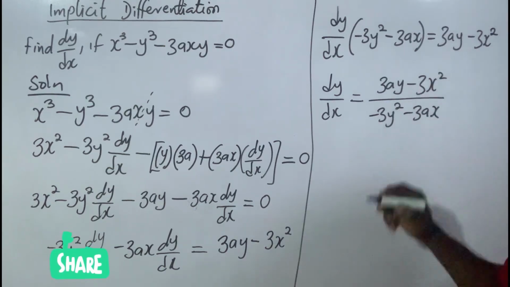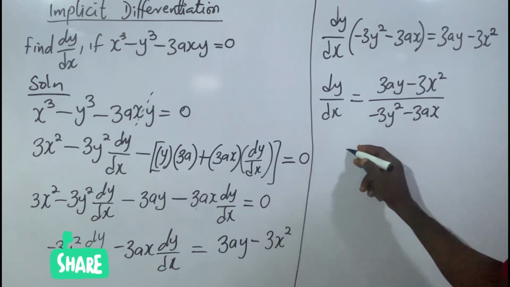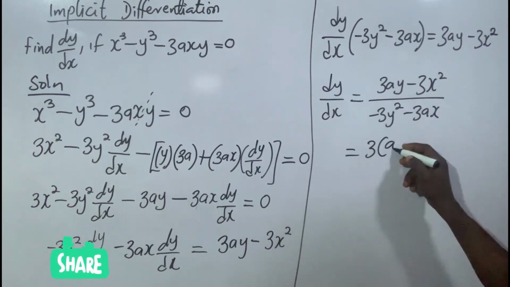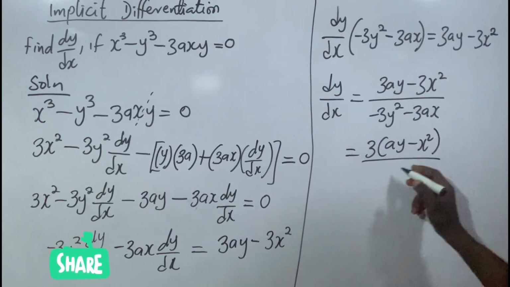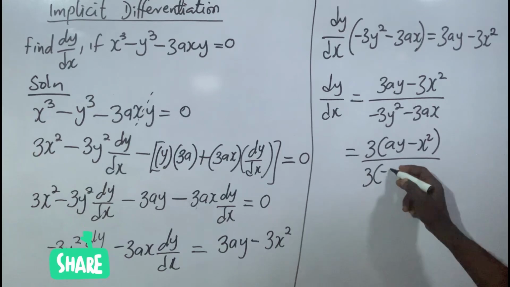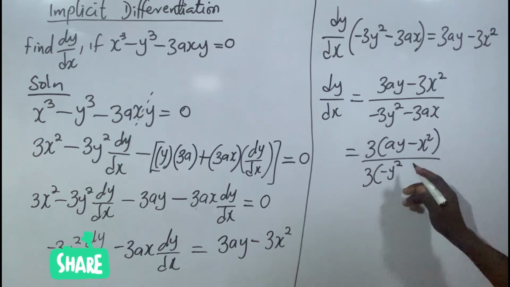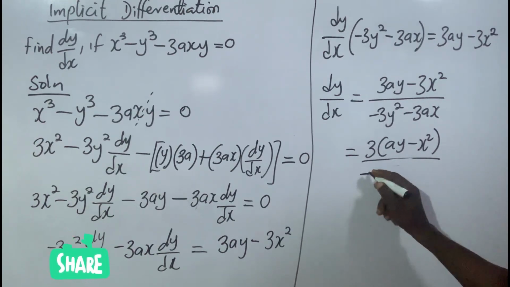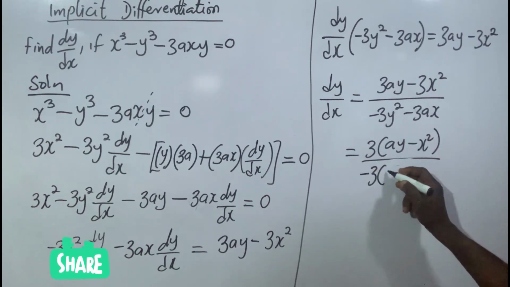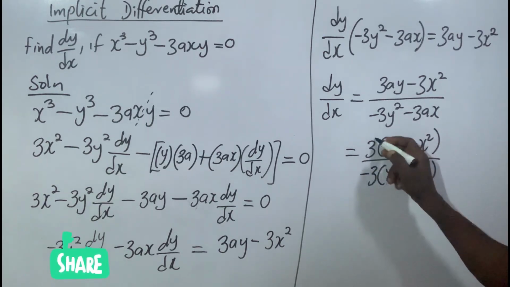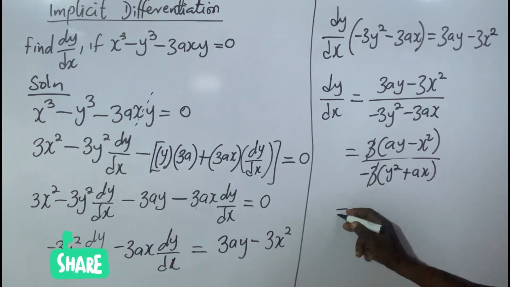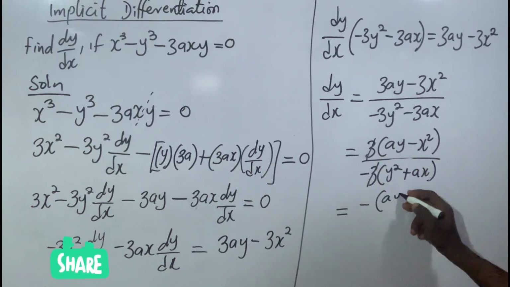So 3 is common in all the terms, so we can factorize 3 in brackets: ay minus x squared, over 3, bracket minus y squared, or let me bring out minus 3, brackets y squared plus ax. So when the 3 cancels out, the negative stays at the numerator.